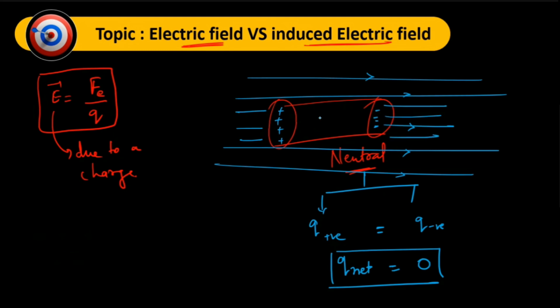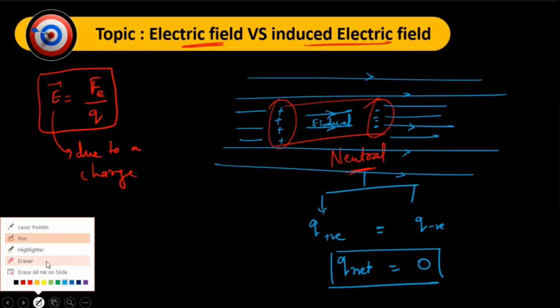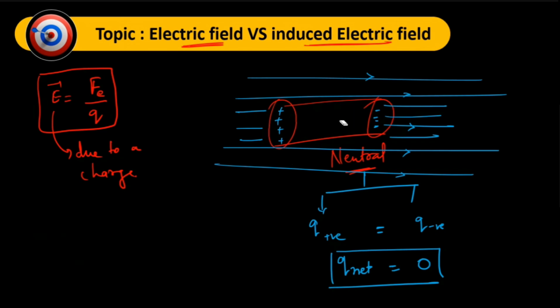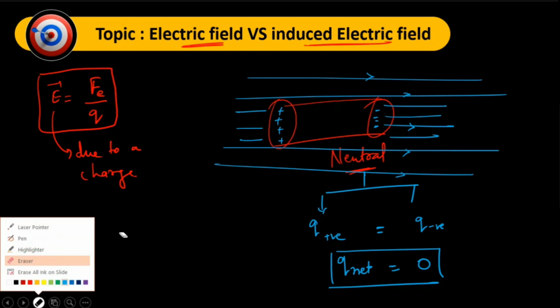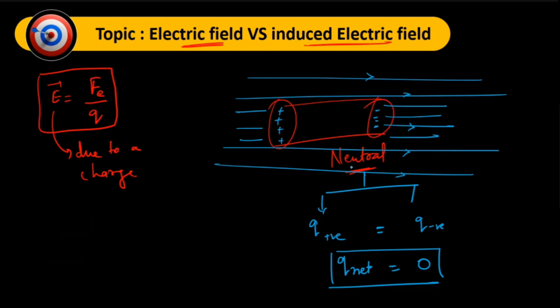Because of that positive and negative charge, there must be some electric field, which is something we call induced electric field. In case of conductors, there is no induced electric field inside, but in case of dielectric, we do observe some electric field inside the object. And it is also calculated by this relation.